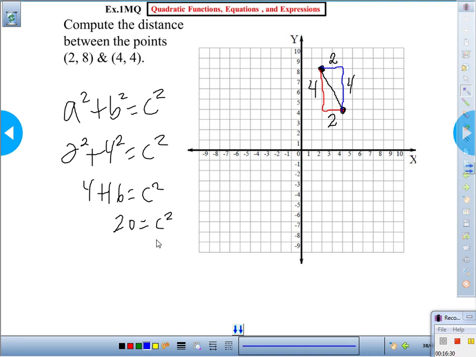How do we solve for C? Square root. Square root of 20 equals C. Could we leave it like that? Does everybody see what we need to do? So you know what to do from there? Yeah. Estimate and find decimal to the nearest tenth.